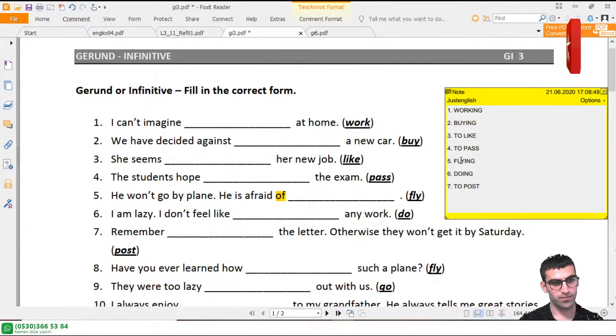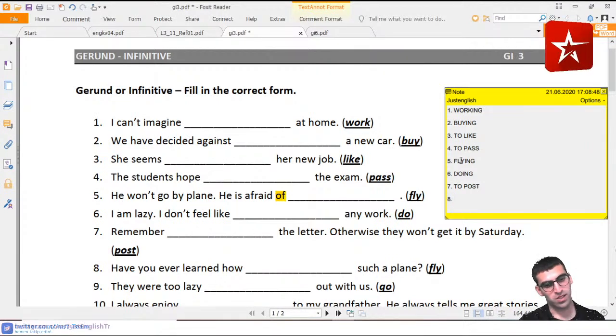It's okay. And number 8, have you ever learned how blah blah blah such a plane? As you know, we can also use infinitives after WH words. For example, I don't know what to do, I don't know how to drive. So here, as you see from my screen, you can see how is a WH question.